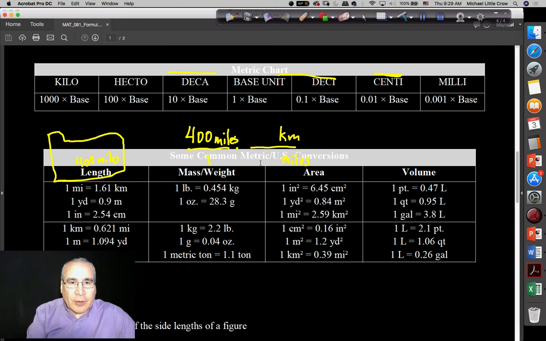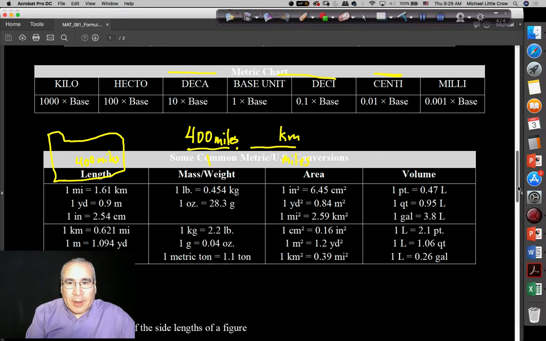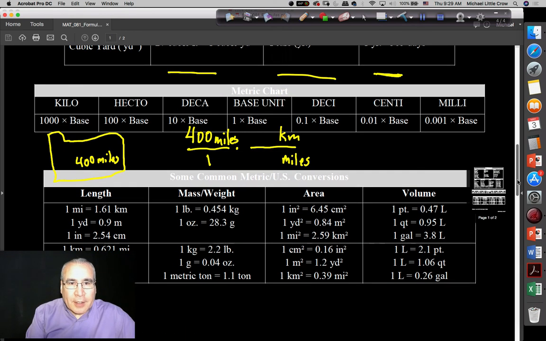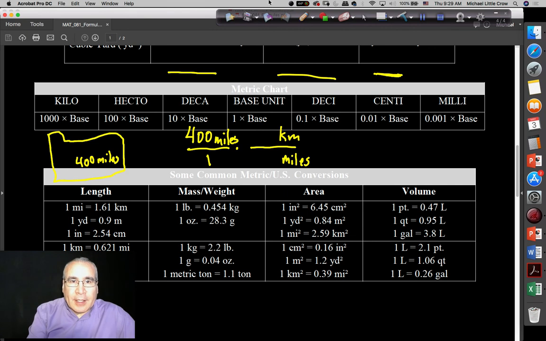So 1 mile will go on the bottom, 1.61 kilometers will go on the top. So move this up a little bit here, and then I'll be able to put the 1.61 kilometers here, the 1 mile here. So I was using this one right here.